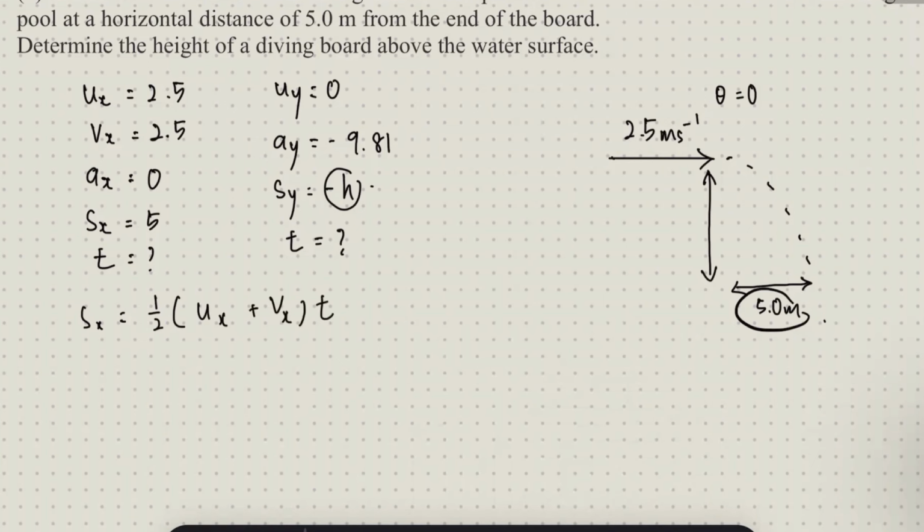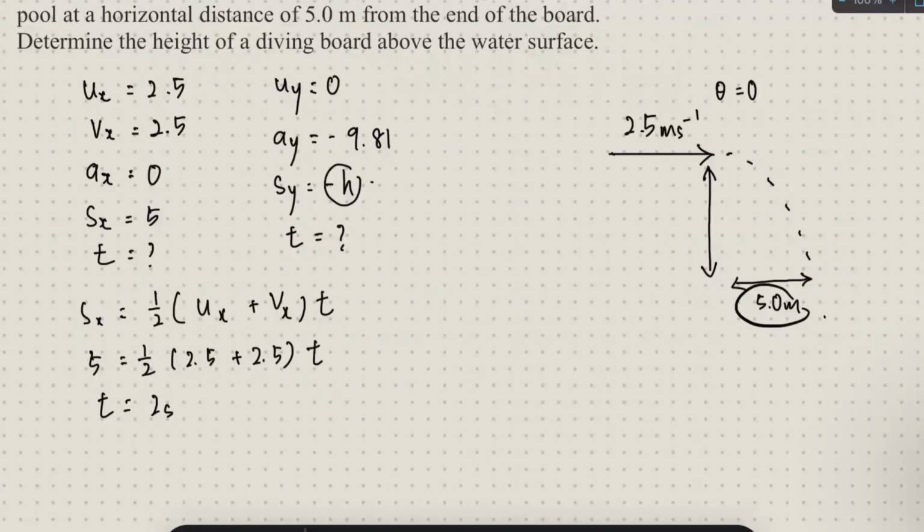So from this equation, when we sub in the values, we can find t. So we find that the time t is 2 seconds. So we can use t equals 2 seconds in the y component.